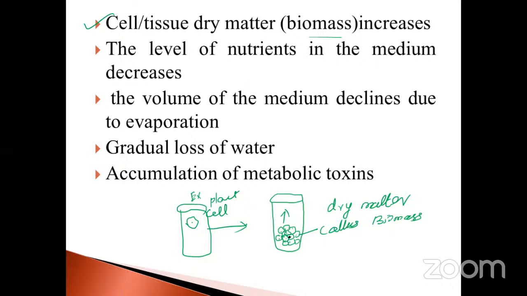As the number of cells increases, the nutritive medium that was this much here is this much now. The nutritive medium is decreased. And then the third one is, which one, you know? The third one.